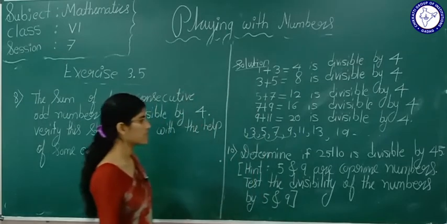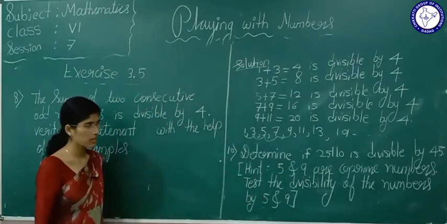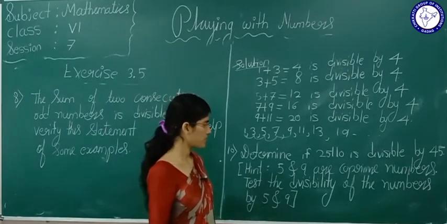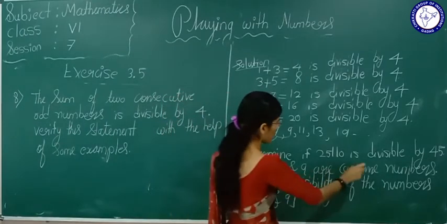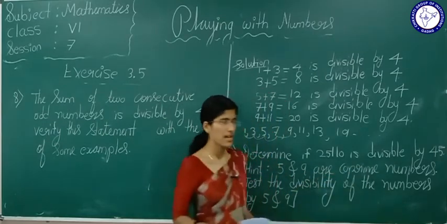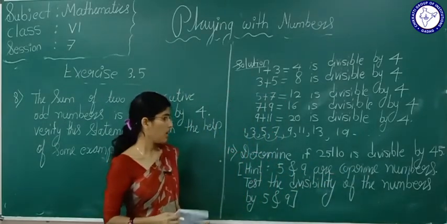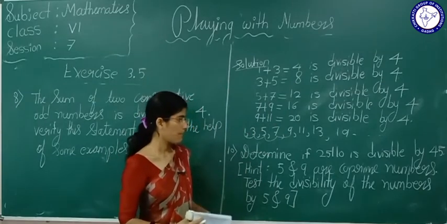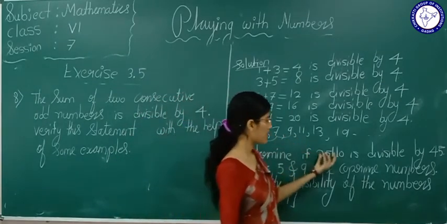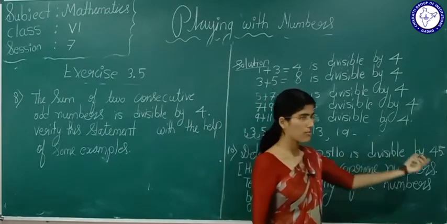Now see here, determine if 25,110 is divisible by 45. Now see here, student, they have given a hint here: 5 and 9 are co-prime numbers. Test the divisibility of the numbers by 5 and 9. They are told to test the divisibility by 45. Okay, they have asked here to determine whether this number is divisible by 45.